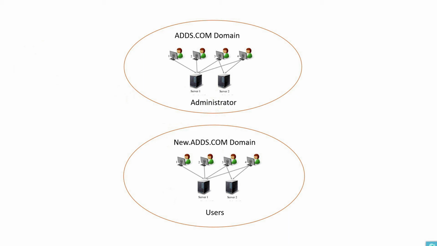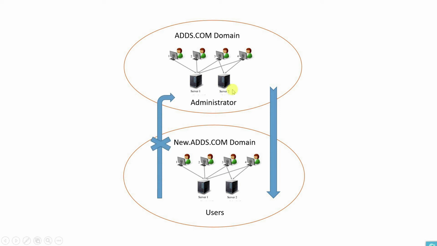You could configure the subdomain so that the admins from the adds.com domain can reach into the new.adds.com domain and make changes, but the users cannot reach back into the resources of the adds.com domain. Again, this is not an appropriate option for us because the adds.com domain does not exist yet.